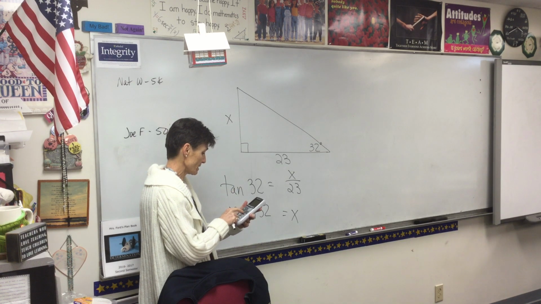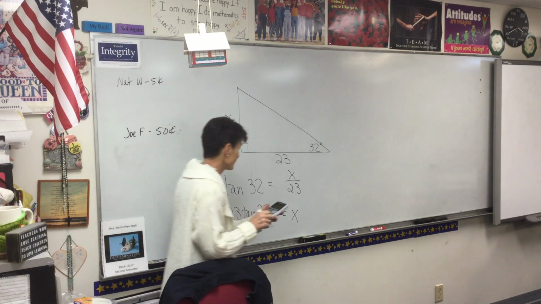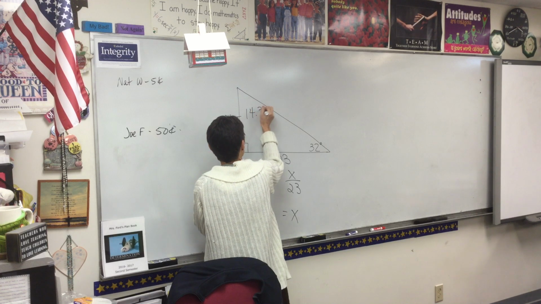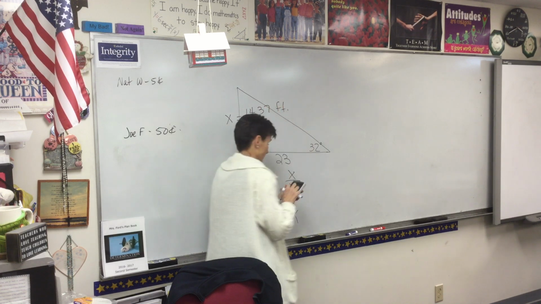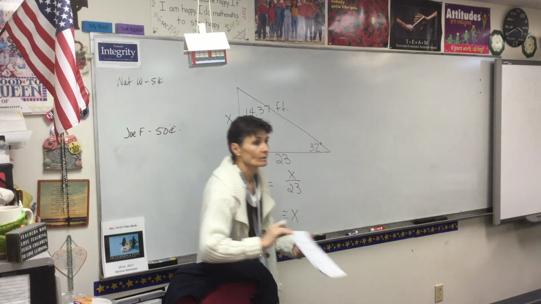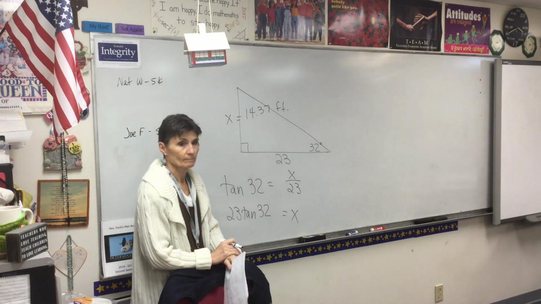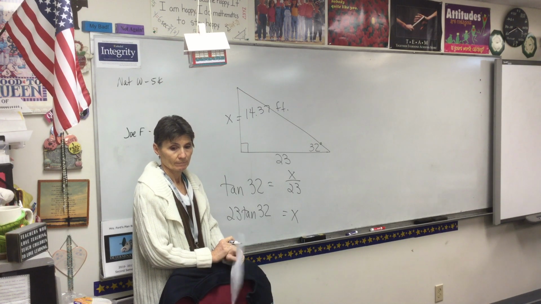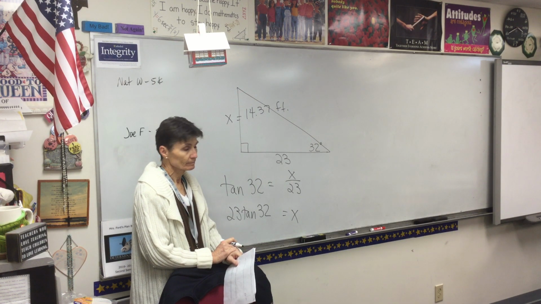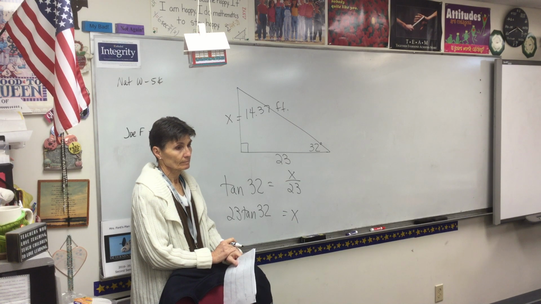So 23 tan 32, rounding to the nearest hundredth. Did you get 14.37 feet? Is that okay, friends? All right.